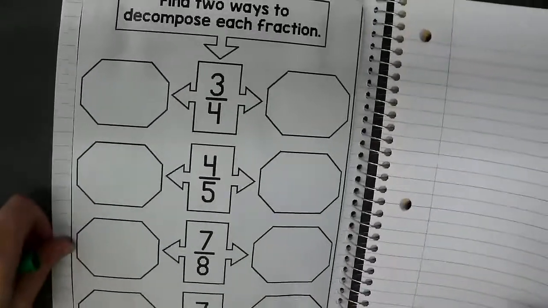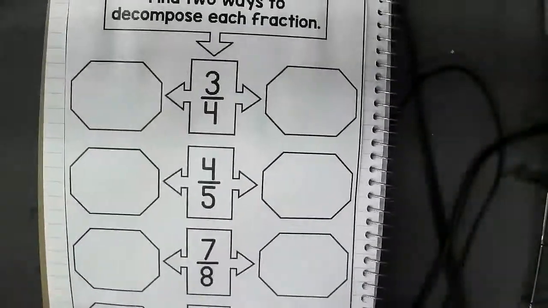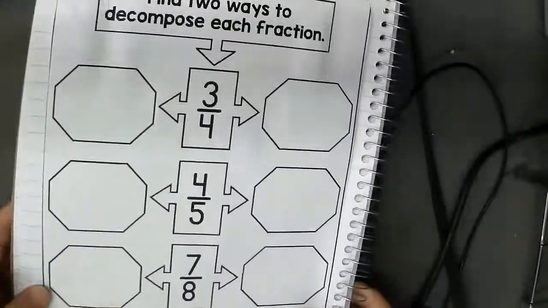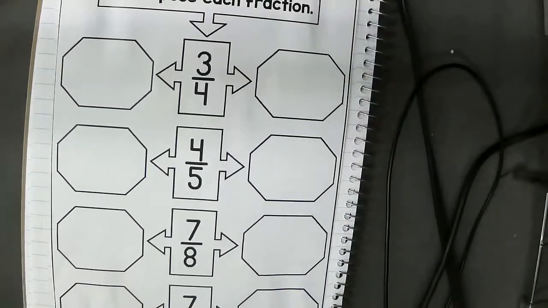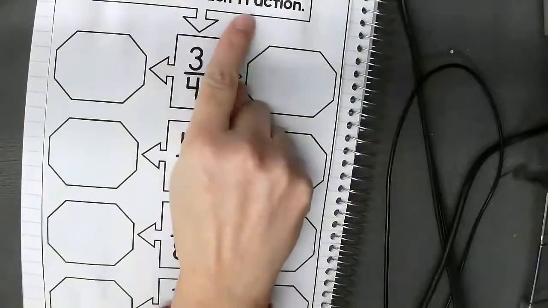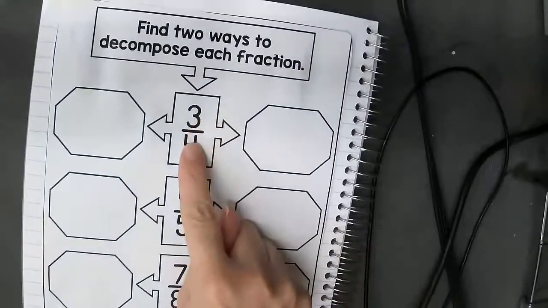All right. Now, go ahead and take your page 10, and if you've not already done so, glue it in. And then we are going to decompose fractions here. All right, so you are going to find 2 different ways to decompose each fraction. So we have 3/4.